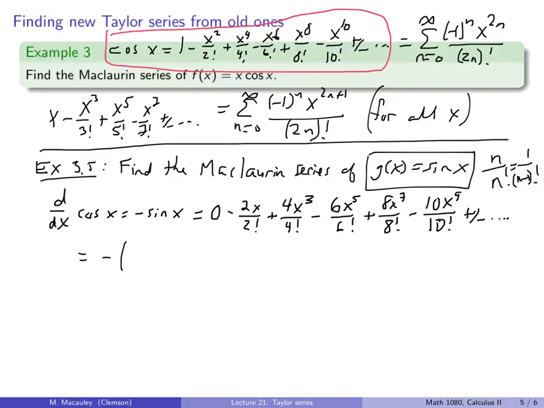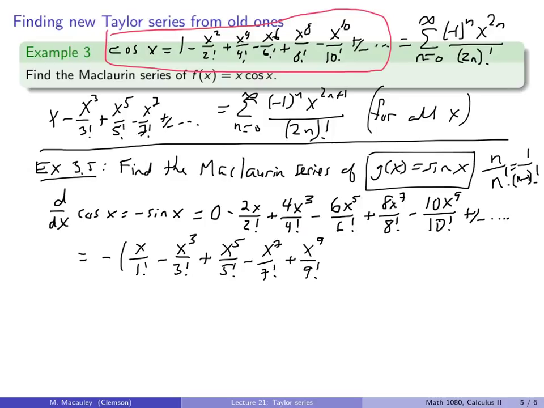Okay, so I'm going to pull out the negative sign and I get x over 1 factorial minus x cubed over 3 factorial plus x to the 5th over 5 factorial minus x to the 7th over 7 factorial plus x to the 9th over 9 factorial.